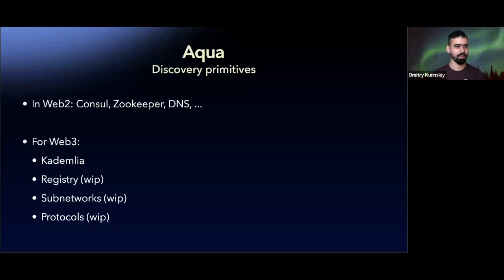And I believe that some of these RFPs that I mentioned and that I will mention deserve to be a dedicated project, or maybe a business or a venture or something like that. It's an opportunity to build on top of the Fluence network and to provide to the community. So let's continue. Currently, we have only Kademlia. We're working on all the other parts to get on par with the Web2 solutions.